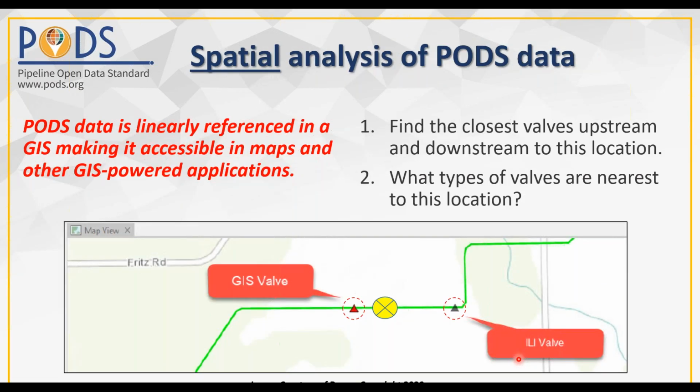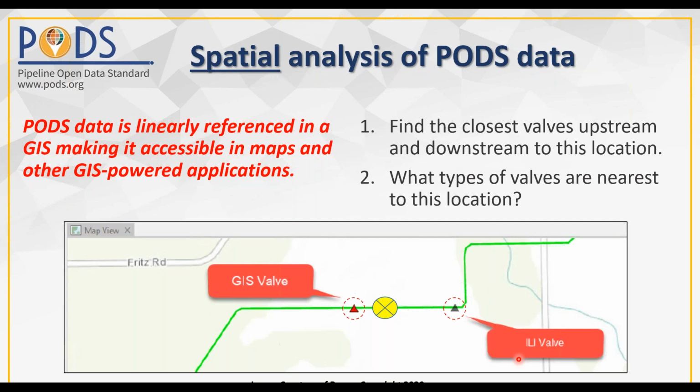Getting answers to spatial questions is possible by spatializing the PODS data. Again, we're going back to linear referencing, which is making that pipeline system data accessible for mapping and spatial queries, such as the example you see above.